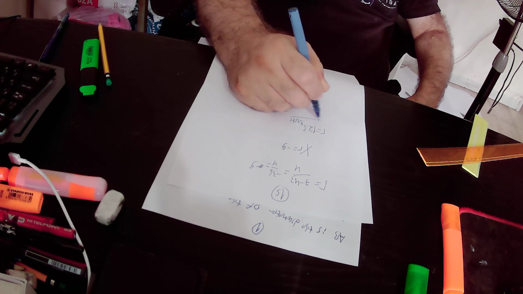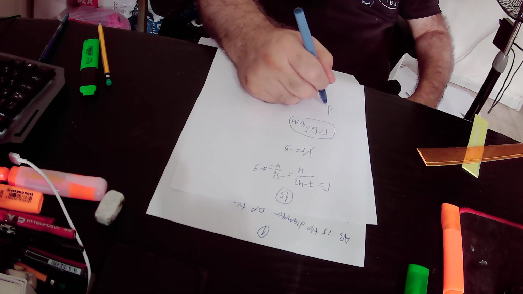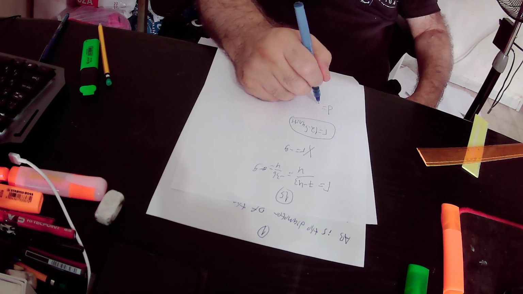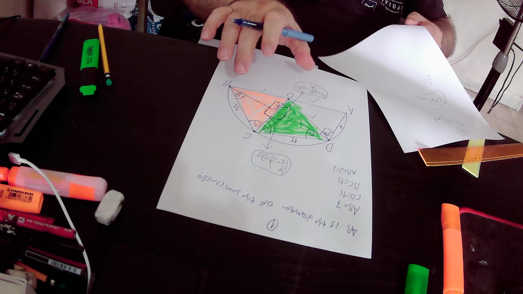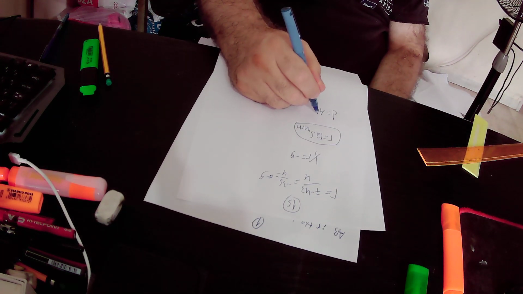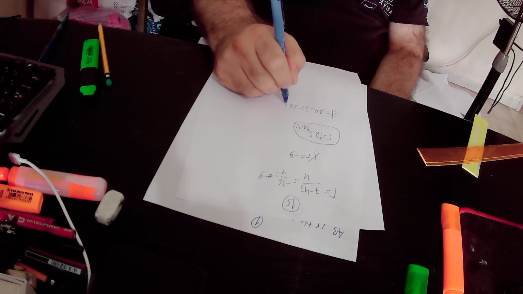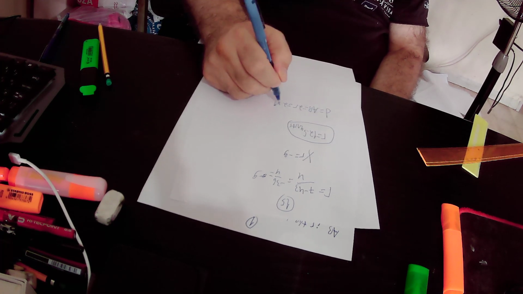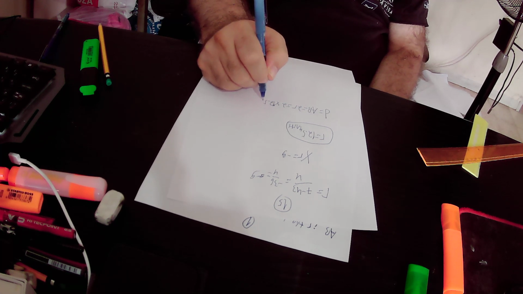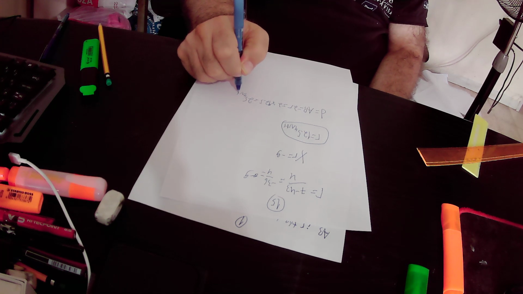And the diameter of the semicircle is AB. AB is the diameter of the semicircle. It equals 2 times the radius, that is actually 2 times 12.5, that is actually 25 units.